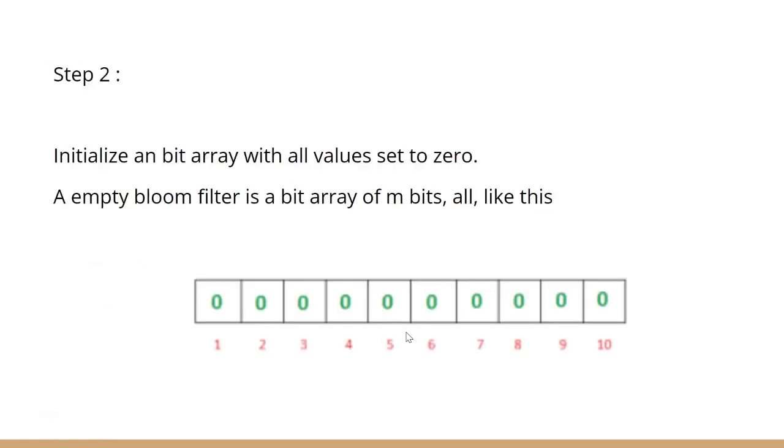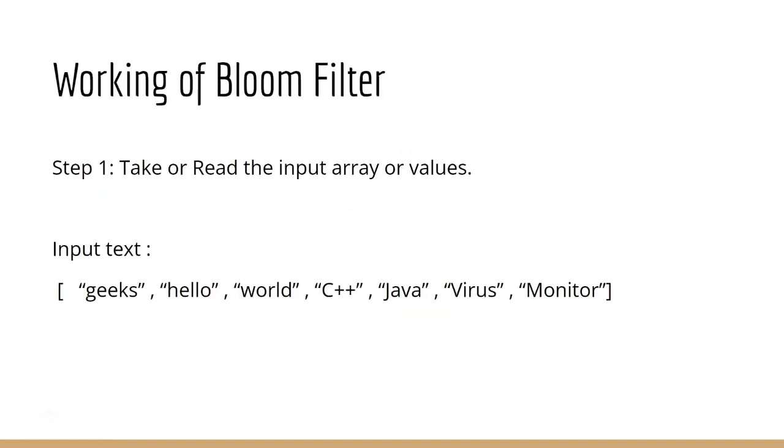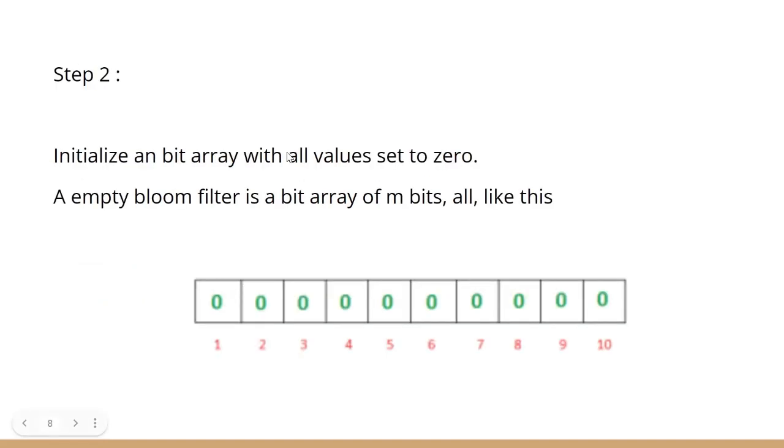So we'll make an array whose size is more than 7, maybe double or triple the count of values in the input array. We'll take a bit array. Bit array means the array will have values either 0 or 1. We'll initialize the bit array with the value 0, as seen below.